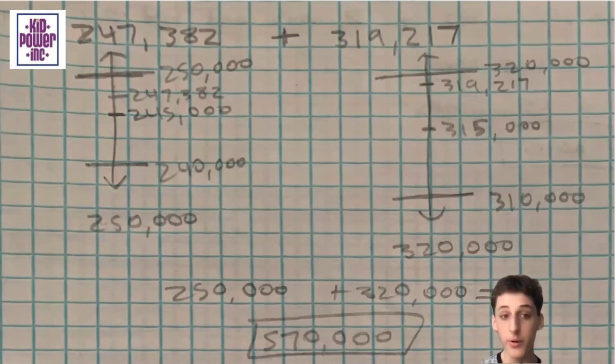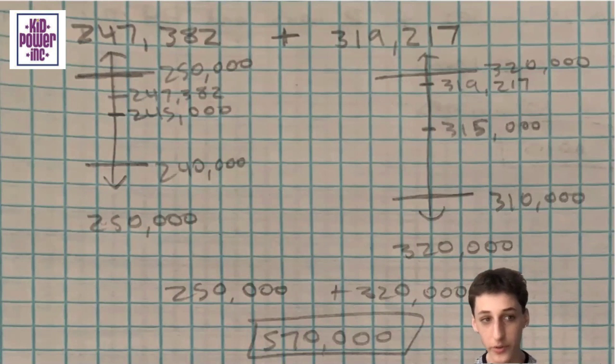So then I rounded it up. And then the same thing for 319,217. Saw that it was bigger than 315,000, and I rounded it up to 320,000. And then obviously to finish, 250,000 plus 320,000 equals 570,000. So there you go. I hope that helped.